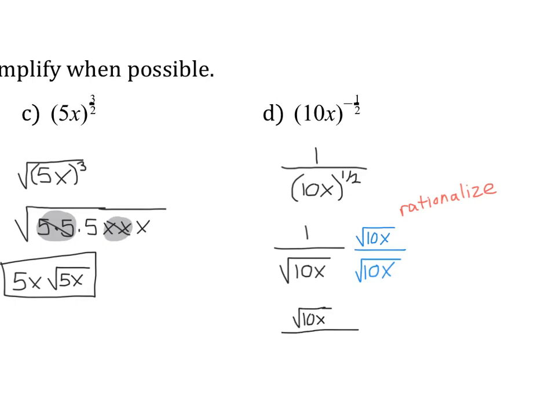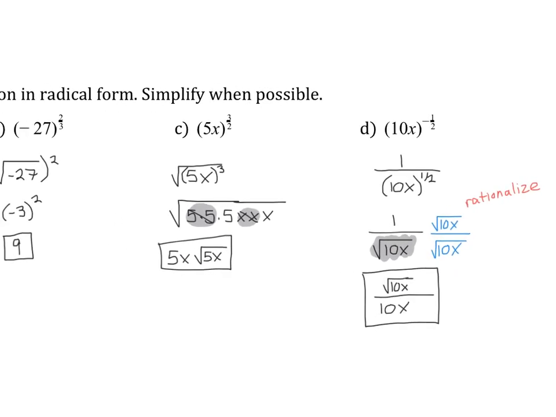In my denominator, since I'm multiplying these together, I have a pair of 10s, so that simplifies. It's like saying the square root of 100, which is 10. And I have a pair of x's, which is just x. So this is technically the simplified version. Again, it's just because we don't like to leave any type of radical in our denominator for the final answer.